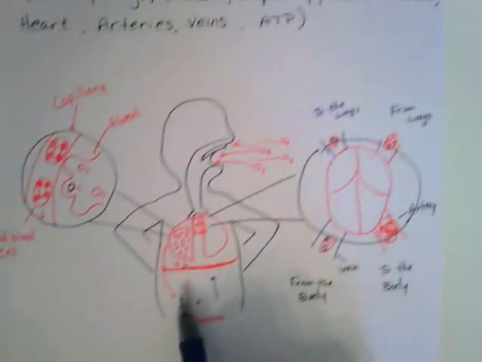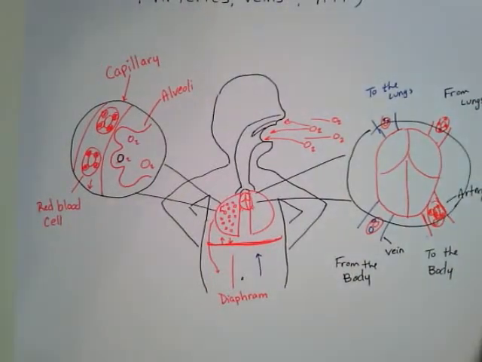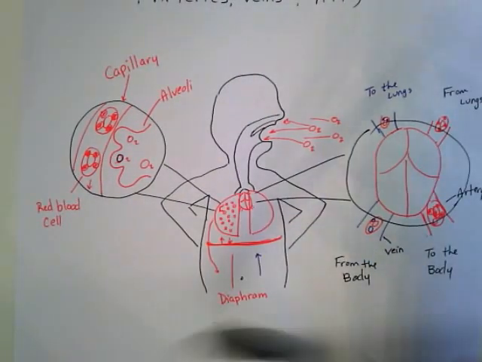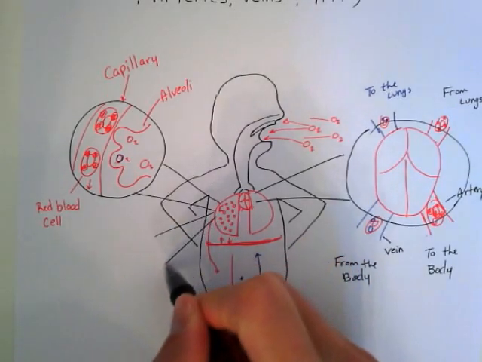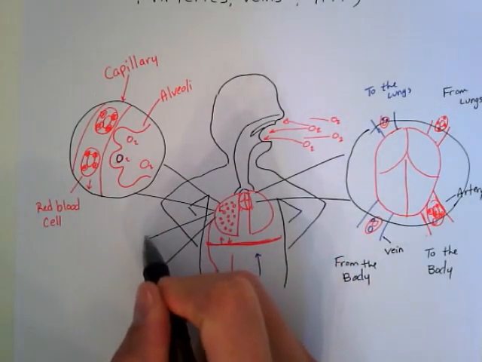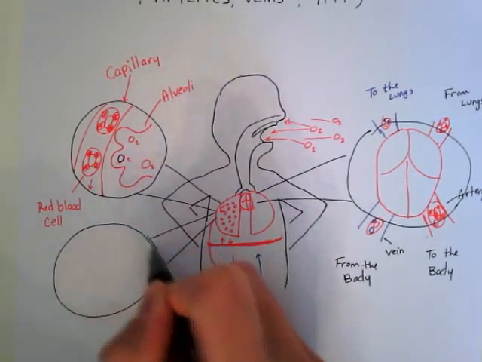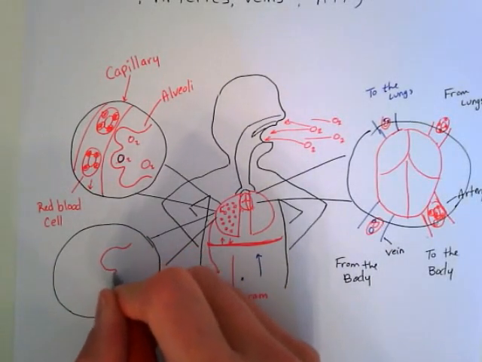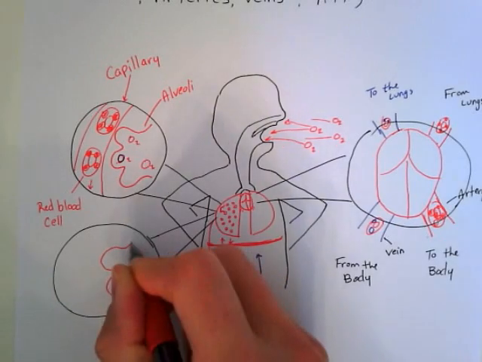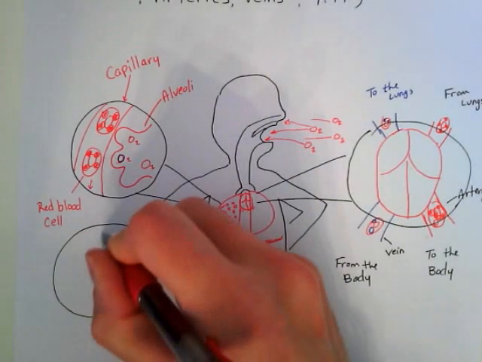And so let's zoom in over here on what's going on inside the lungs. We're looking at the same alveoli because they all work about the same. Doesn't matter about when or mostly not where, but when this happens. And so let's draw the alveoli again. And we have our capillary.